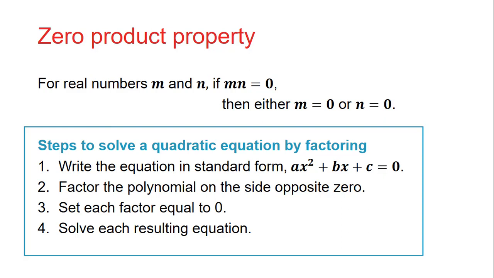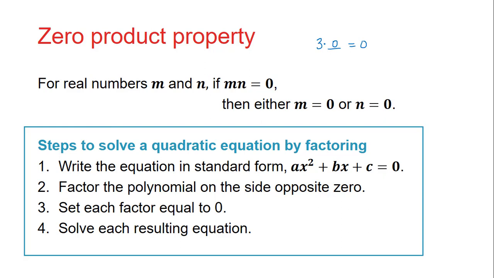Think about 3 times what gives me 0? The only way I can have that product be 0 is if I'm multiplying 3 by 0. 0 times any number is 0.